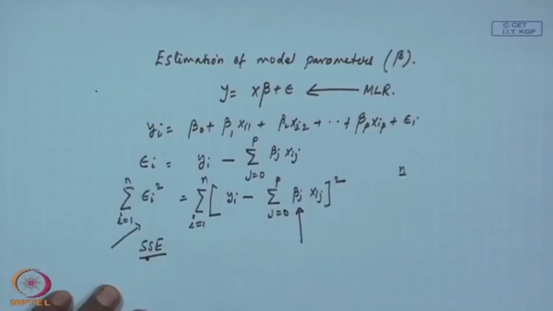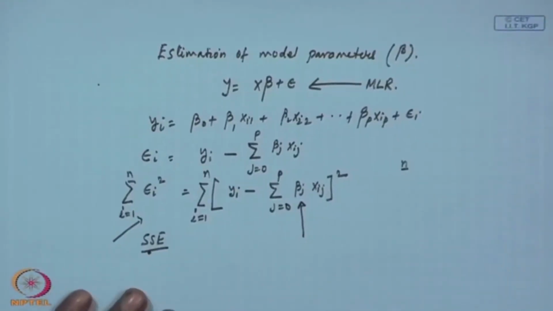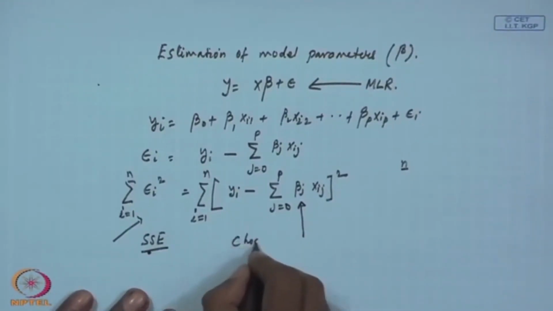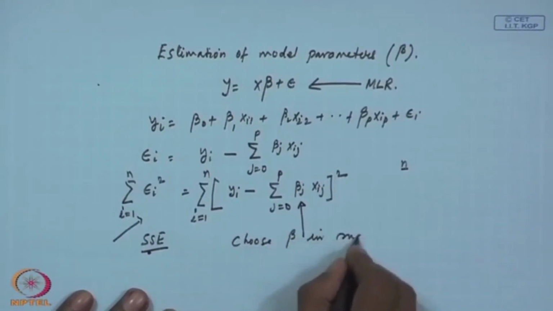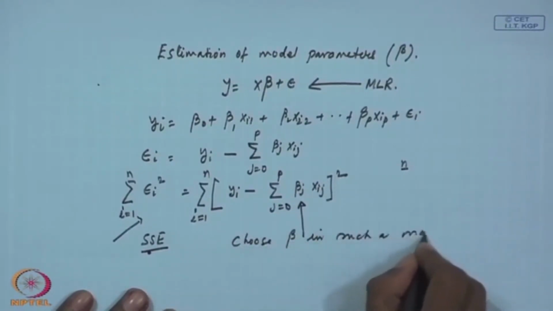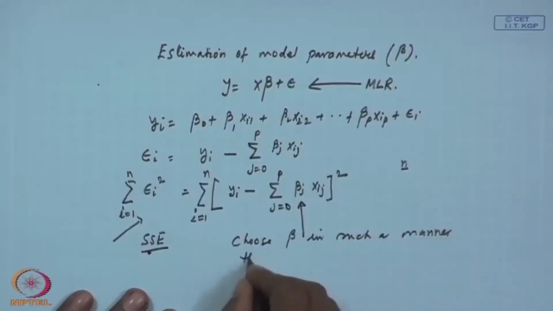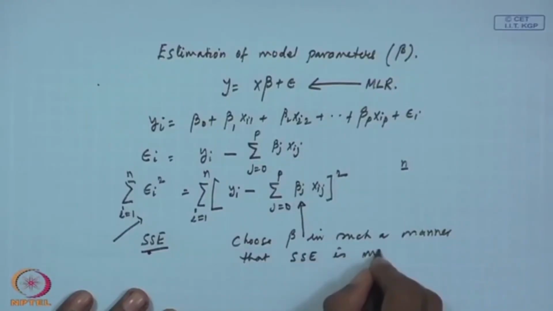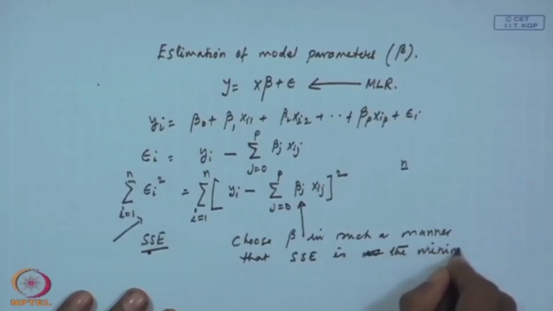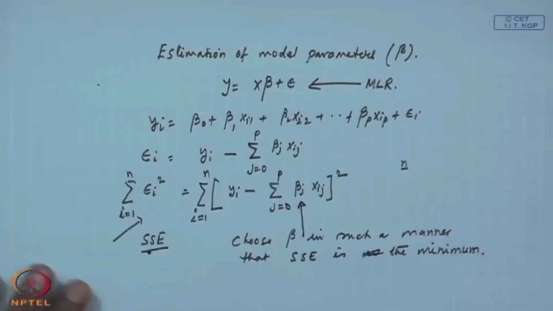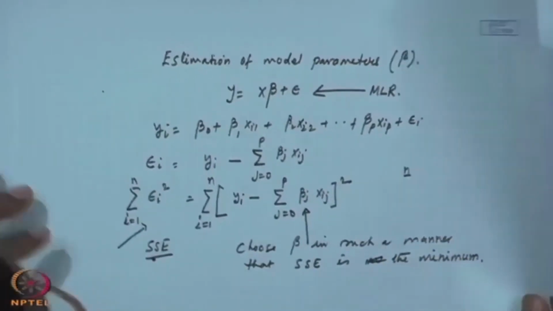So, your ultimate optimization problem is: choose beta in such a manner that SSE is the minimum. You can do this very easily.